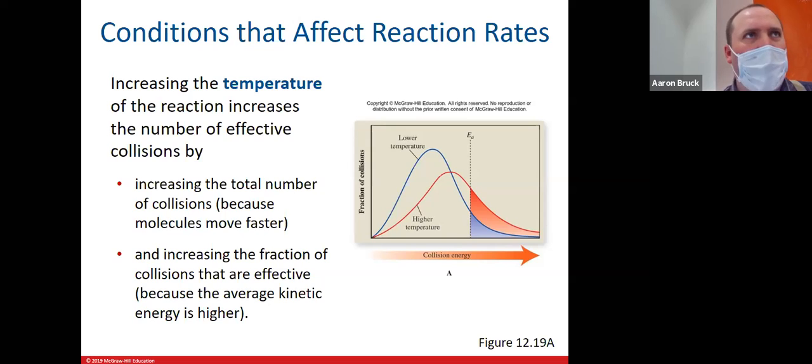Temperature has a direct impact in terms of the amount of energy that is present in the molecules themselves. When I increase the temperature, I'm also increasing the energy of all of those particles, which means that with an increase of energy, there is a likelihood that I'm going to meet the activation energy required for reaction more often.